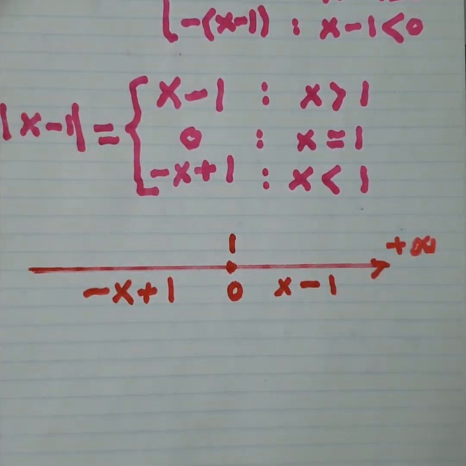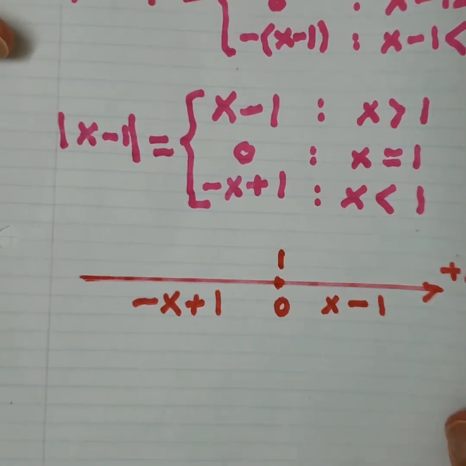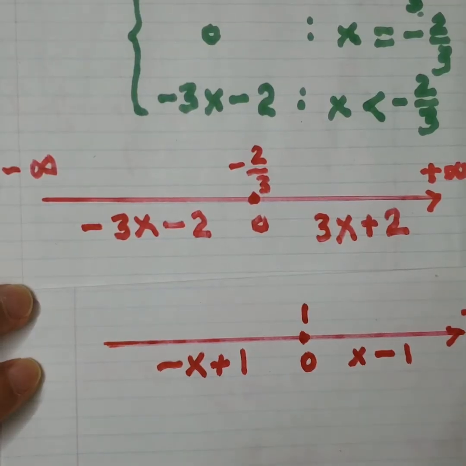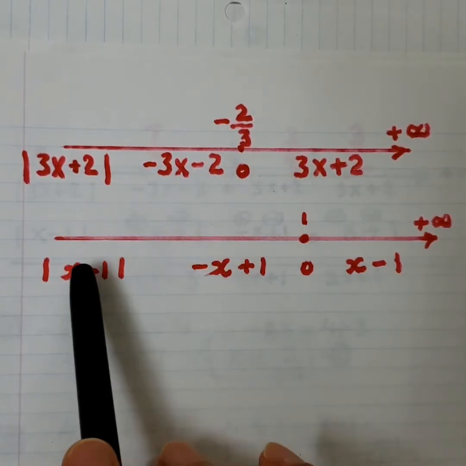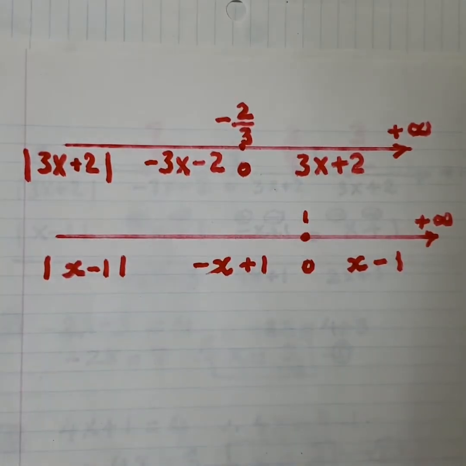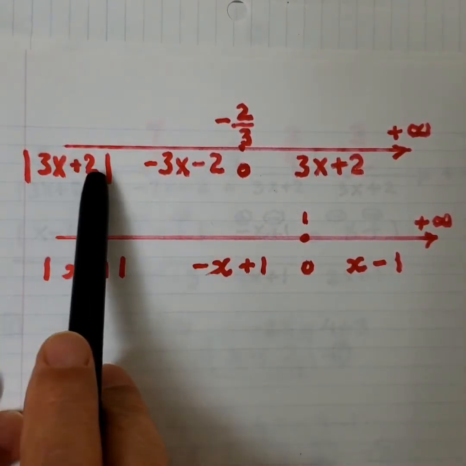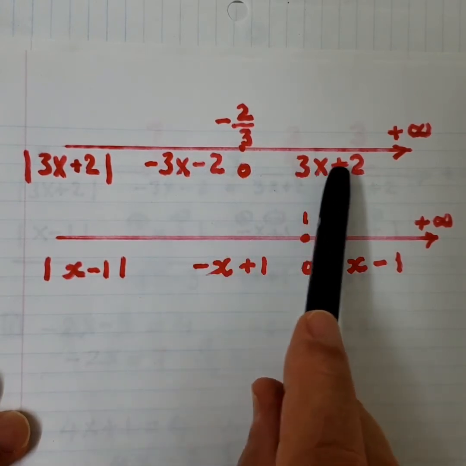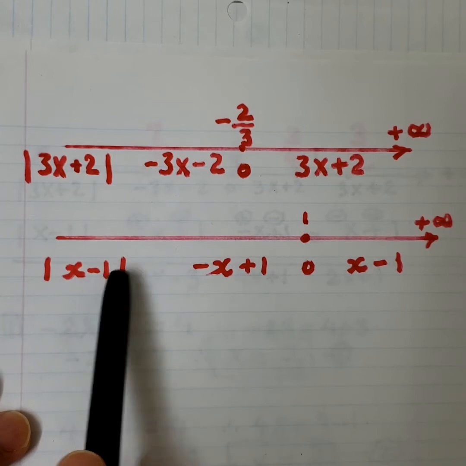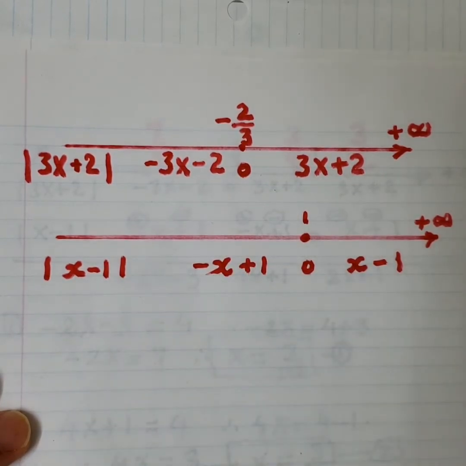It's the same as we did with the previous absolute value. So now we have the result for the absolute value in the two cases. The first absolute value gives me these two rules, and the second absolute value gives me these two rules.